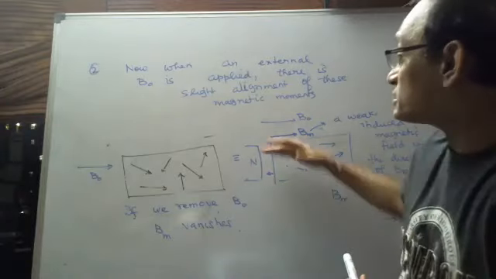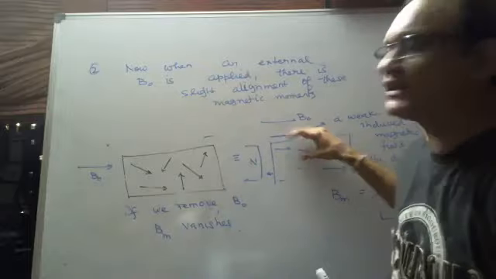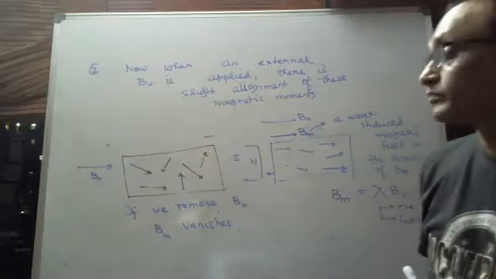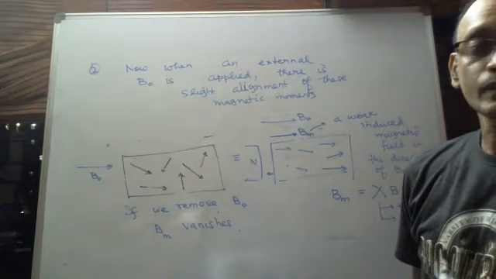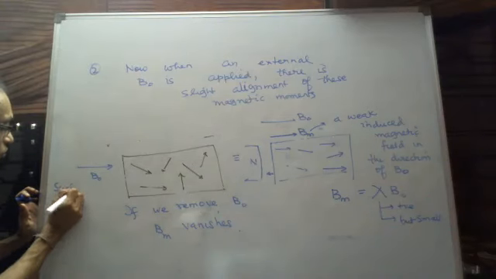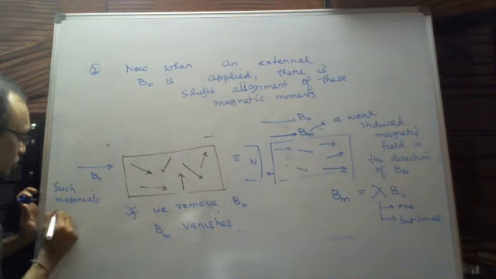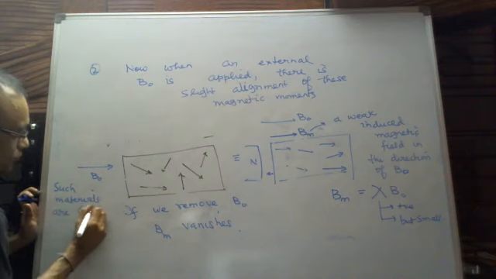So in such cases, अगर B0 को हटा दोगे तो Bm खत्म हो जाएगा. ये वापस जो इसका atoms है, they will get into random positions. Such materials are called paramagnetic.